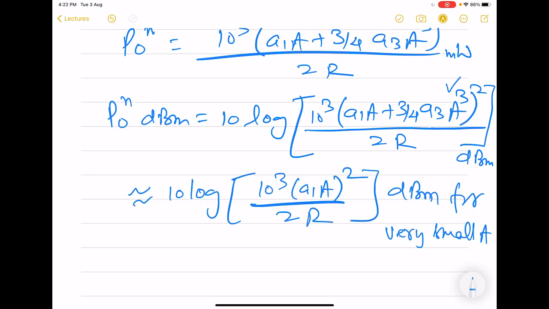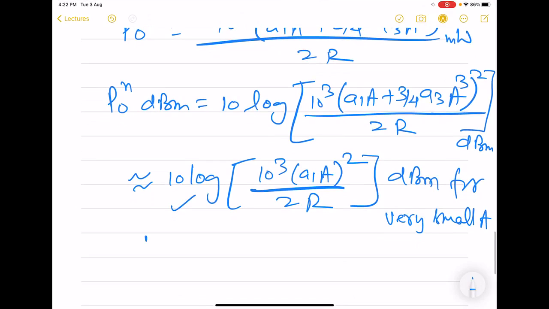So if A is small, its value will be smaller compared with this, because a3 is already very small. It was pointed out. So what we see now here is that we have this expression, which is similar to that of the ideal case.